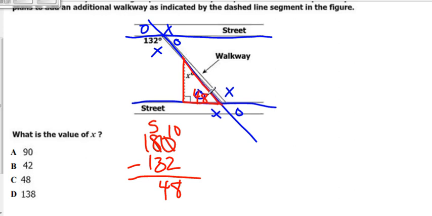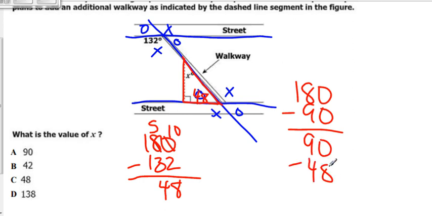And then I have a triangle, which is 90 degrees in the corner, and 48, and I need my X. So I'm going to do 180 minus 90, which gives me 90, minus 48, which gives me 42. And so my answer here would be B.